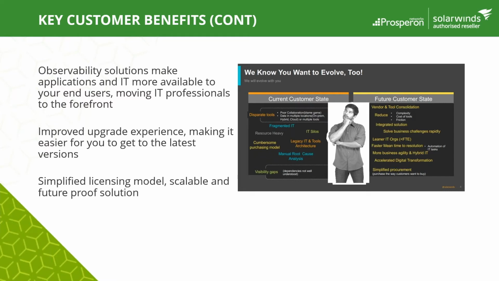It means that fewer tickets are being handled because it's bringing the customers into the observability platform. The other one is all about providing an improved user experience. Specifically, for example, during an upgrade, it will make your life easier to move into the latest versions, so you benefit from new and added capabilities within the platform.